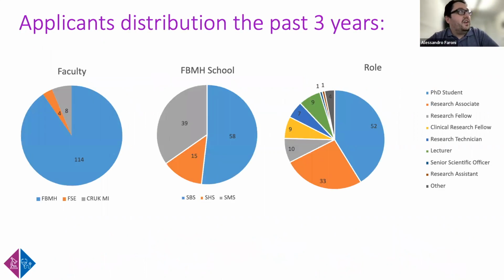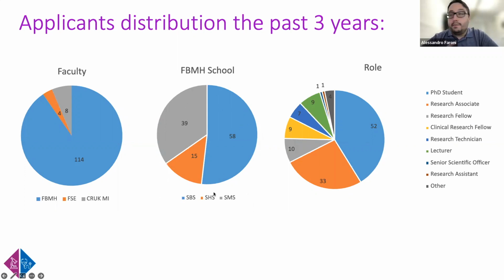So this is just to give you an overview of what type of applicants we had in the previous years. The majority of the applicants were from the Faculty of Biology, Medicine and Health. However, we did have participants from FSC and CRUK actually. Within FBMH, the division across the schools is as shown in this diagram in the middle.